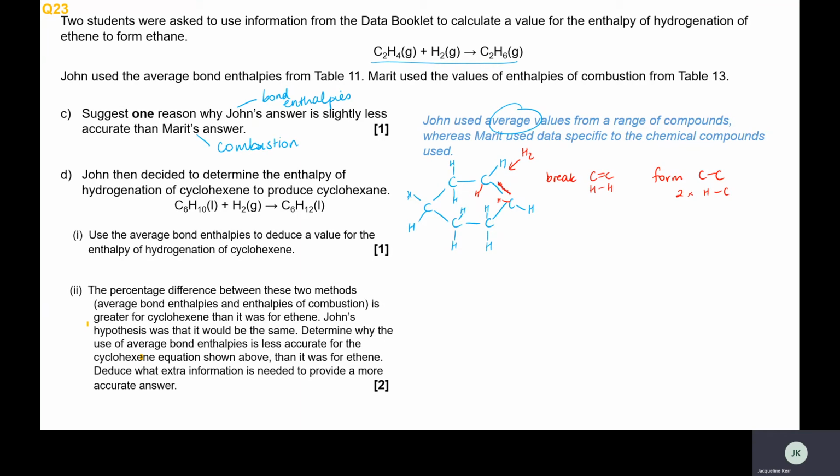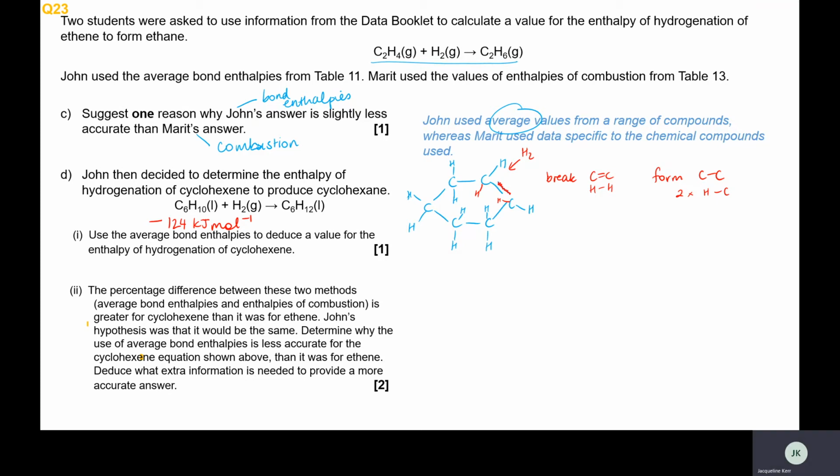So actually, if you use the bond enthalpy data, you would get an identical answer to the last question where we had ethene being hydrogenated to ethane. So that would give you, what was it? We calculated it to be minus 124 kilojoules per mole. It would be an identical answer. Doesn't matter about the rest of the molecule. Or does it? So that's if you use that data, but you'd imagine that actually the configuration of this molecule would have an effect. That's why those averages don't always give you the best answer.